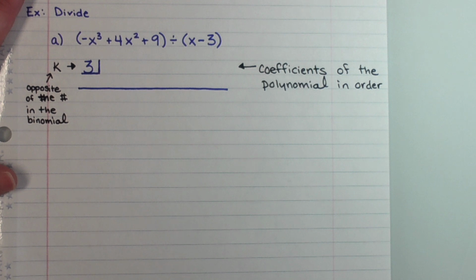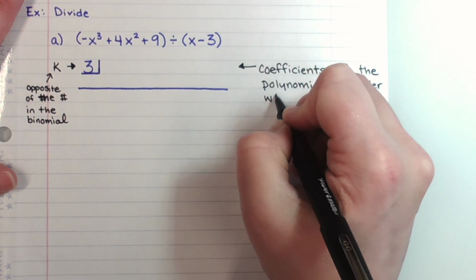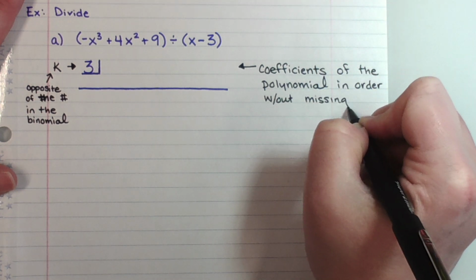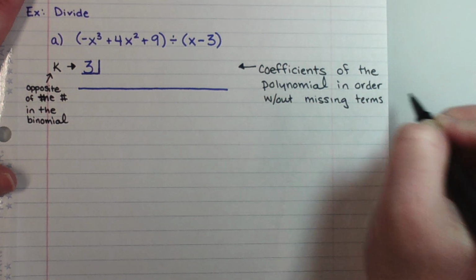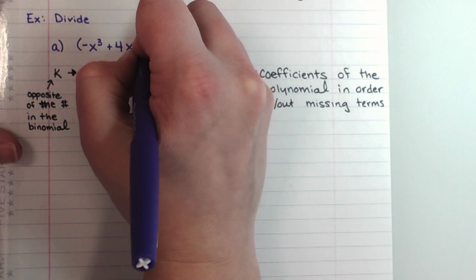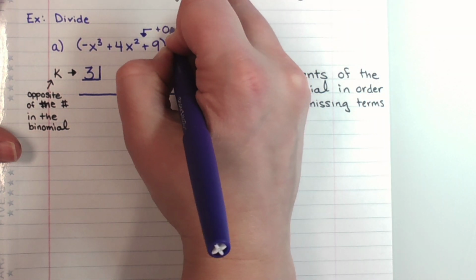In other words, it's got to be in standard form, without having any missing terms. Is the thing I'm dividing have any missing terms? Yes, what term is it missing? The regular x term. And if I'm missing an x term, which should go right here, what do I put? That there's an additional 0x.